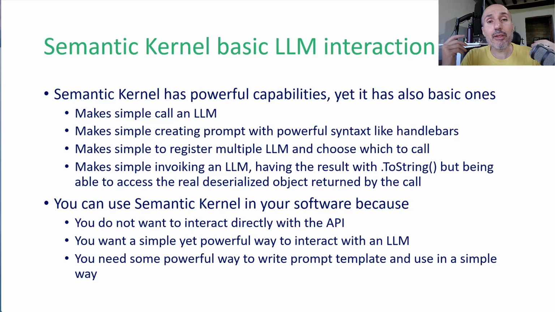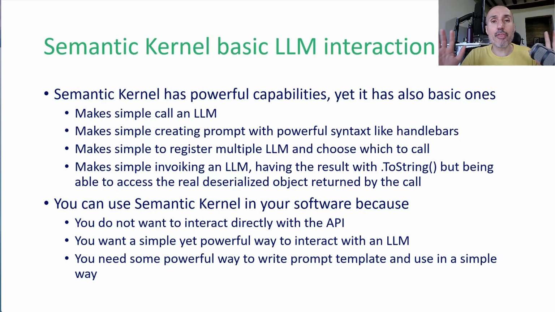And also, you can use Semantic Kernel, and this is the best basic functionality it offers, and the one I use the most: the ability to use a powerful template prompt syntax, using handlebar for example. So you can have a series of prompts that contain pseudocode that allows you to build a complex prompt, and you can store everything in a database or a file, and Semantic Kernel allows you to grab the string and configure everything, so you can configure the large language model to use, temperature, everything, and create a unit of function code that you can use with one line of code, passing only the parameters that will be used with the prompt.